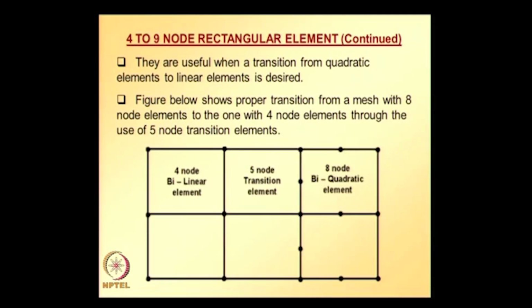So, here you can see a part of the mesh consists of 4 node elements and the rest consists of 8 node elements, and in the region where we have this transition from 4 node to 8 node, a 5 node element is adopted.